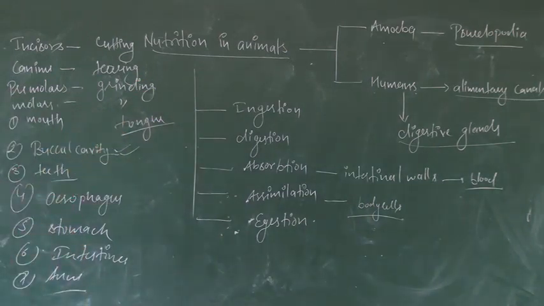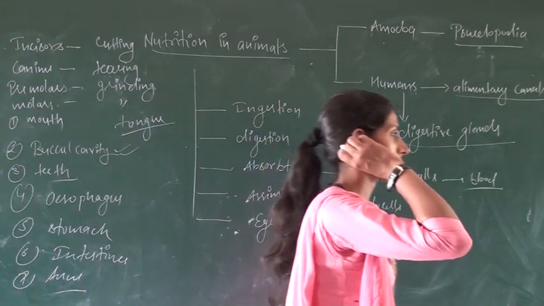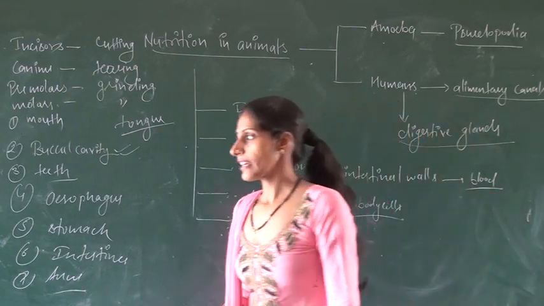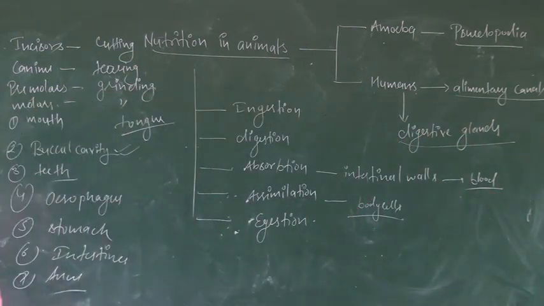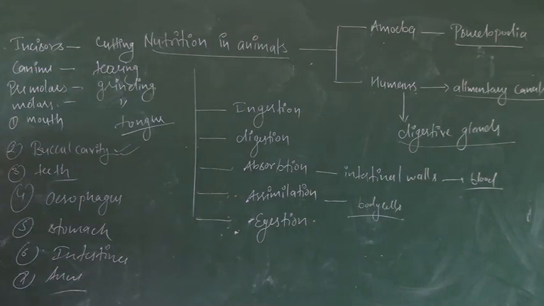After that, a human gets milk teeth at about the age of 6 to 12 months. These are the milk teeth, which are 20 in number.